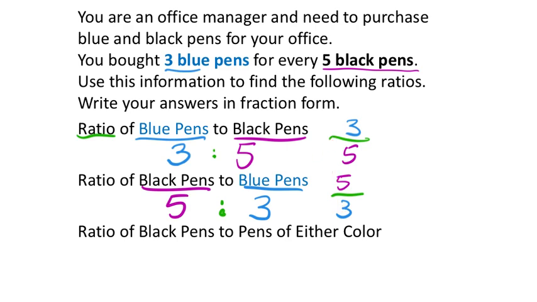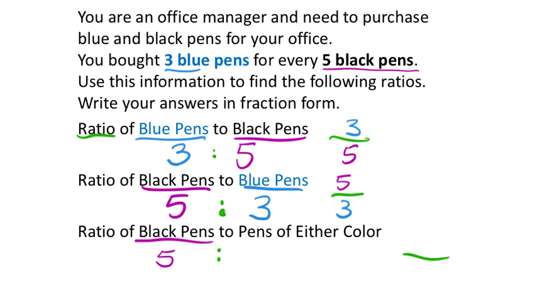This next problem is a little different. It says you're going to have black pens. Now, again, we know there's 5 black pens, to 2, so that's our ratio, so I'm going to put the colon in there. We'll get to the fraction. In fact, I'll start it here on the right, which I'm actually doing so I don't forget because I probably will. But it says it's to pens of either color.